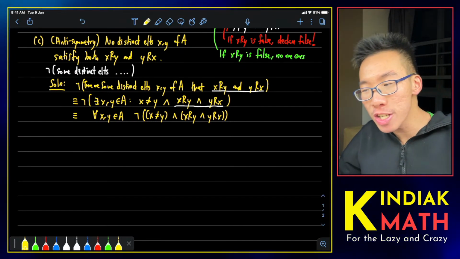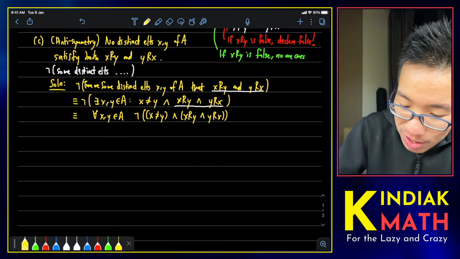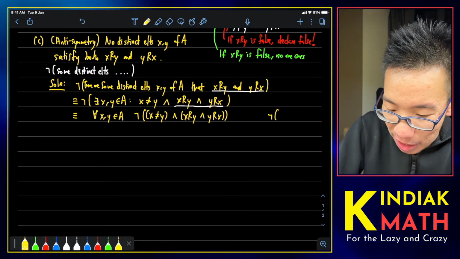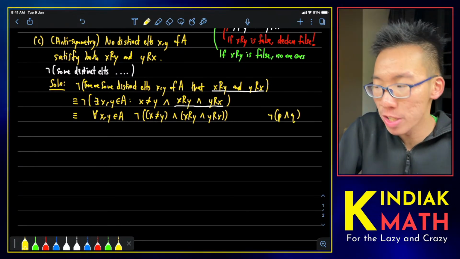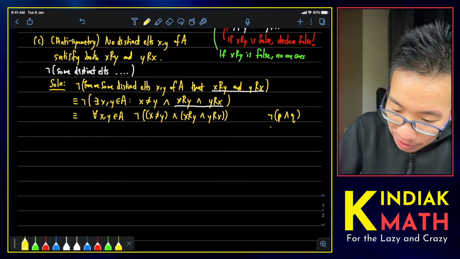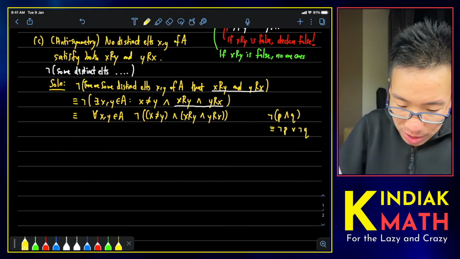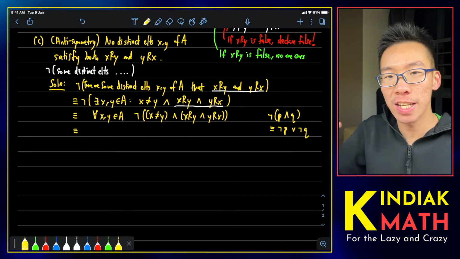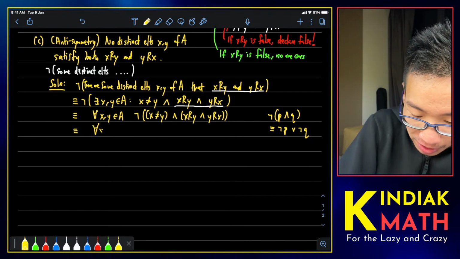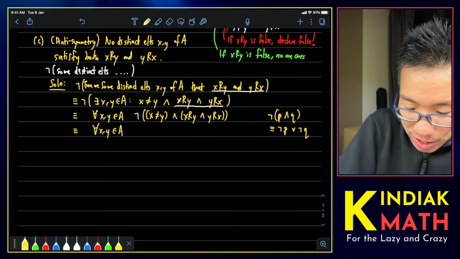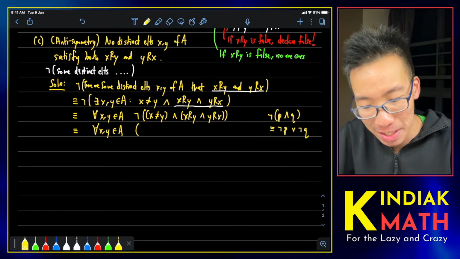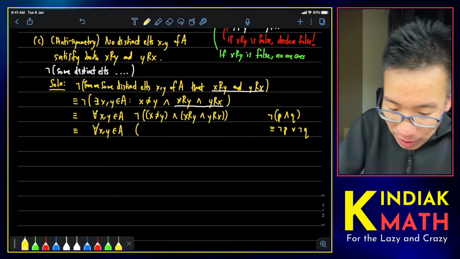And then we can push in the negation because if we recall correctly, using De Morgan's law, we can push the negation symbol to get negation of P or negation of Q. So this is going to be pushed in to get this particular negation, and I'm going to do it this way. It's a little sneaky, but I'm going to do it this way.